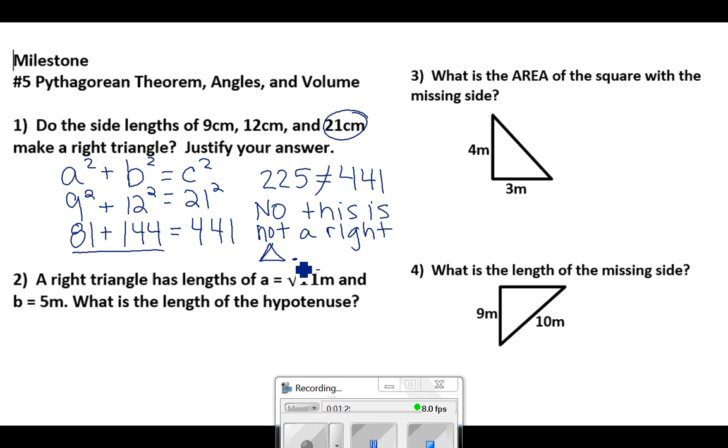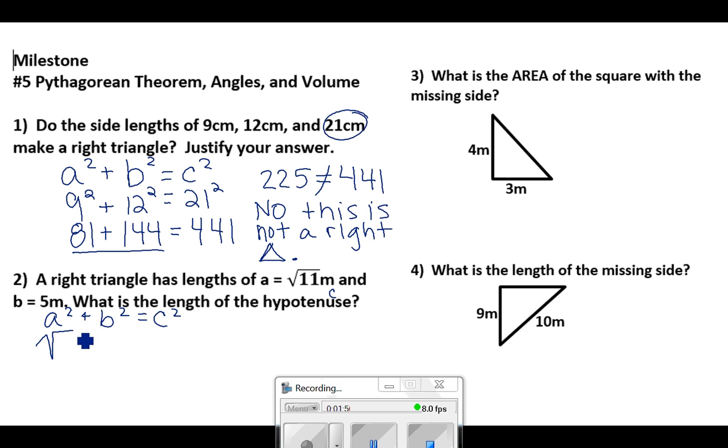Question 2. A right triangle has lengths of a equaling the square root of 11 meters and b equals 5 meters. What is the length of the hypotenuse? We know that the hypotenuse is c. So again, we're going to use a squared plus b squared equals c squared.